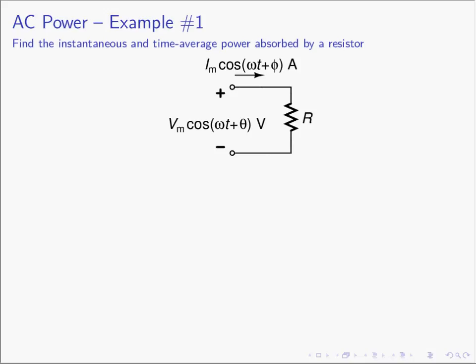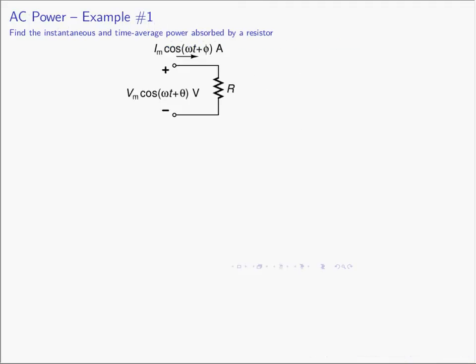So let's redraw the circuit, put it in phasor form, and remember that this has really got an impedance of R angle 0. So I know the voltage phasor that will exist out here is going to be I phasor times Z. Well, I is Im angle phi, and then our impedance is R angle 0.